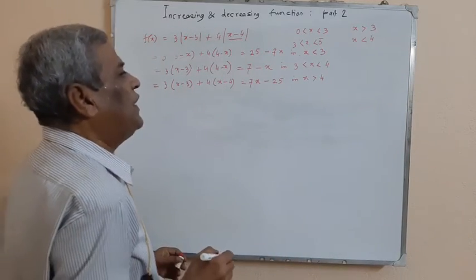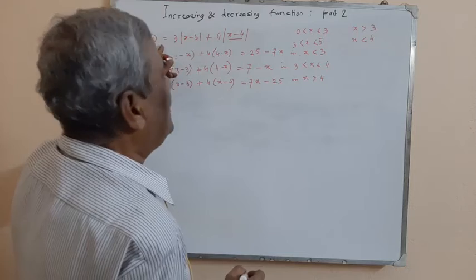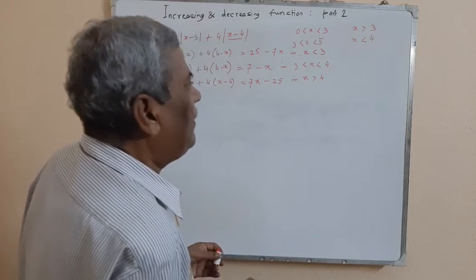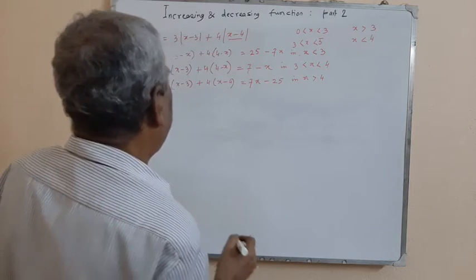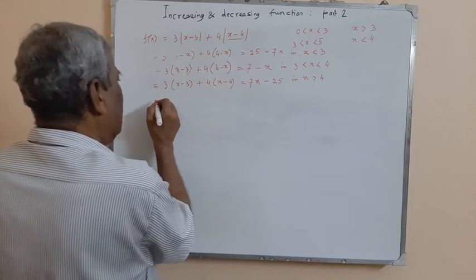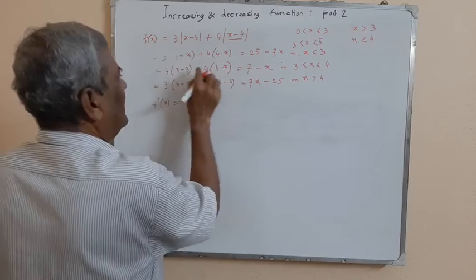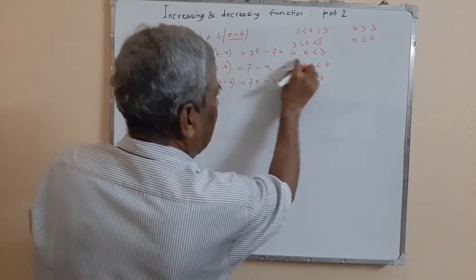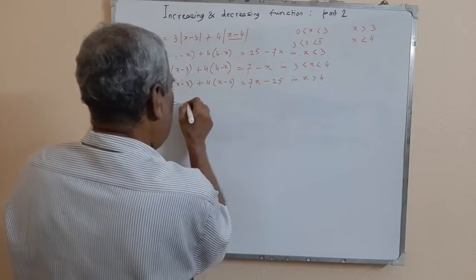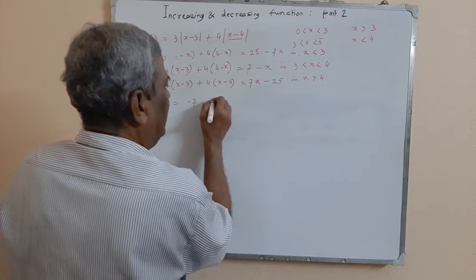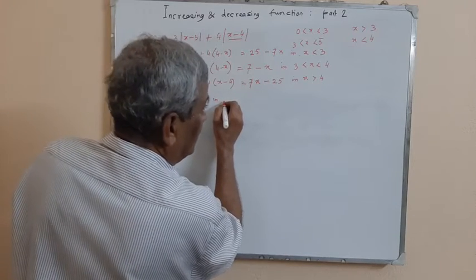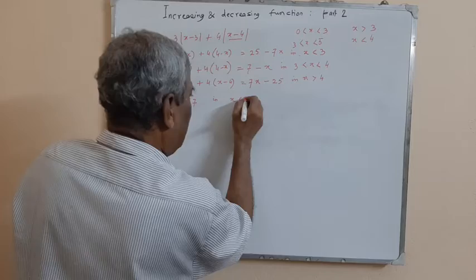Now we have to identify where this function is strictly decreasing. f dash x in that range is minus 7 for x less than 3.